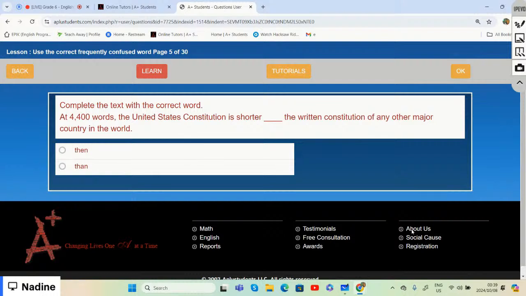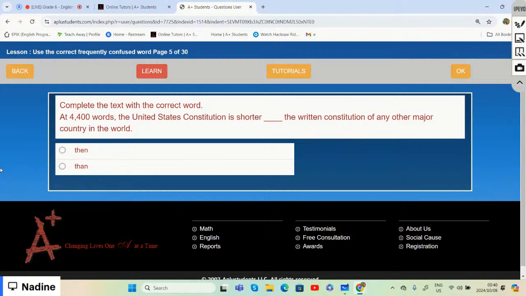If we look at the word then, this first word, THEN, is when we talk about time. Option two, than with an A, is when we're talking about comparisons.